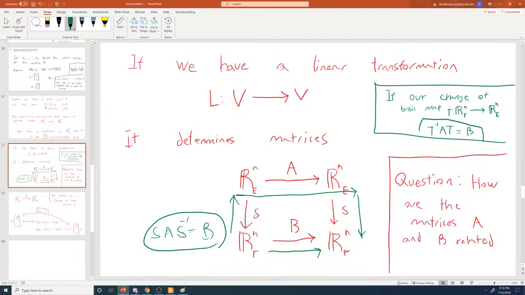So this might be slightly confusing, but I'm telling you that this and this are in fact the same.